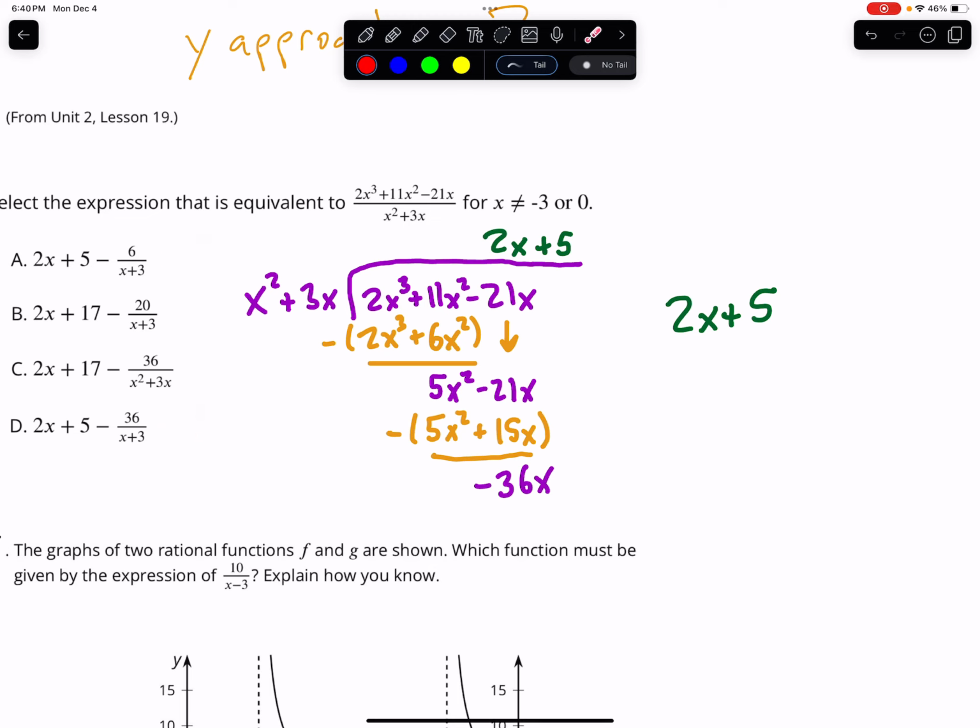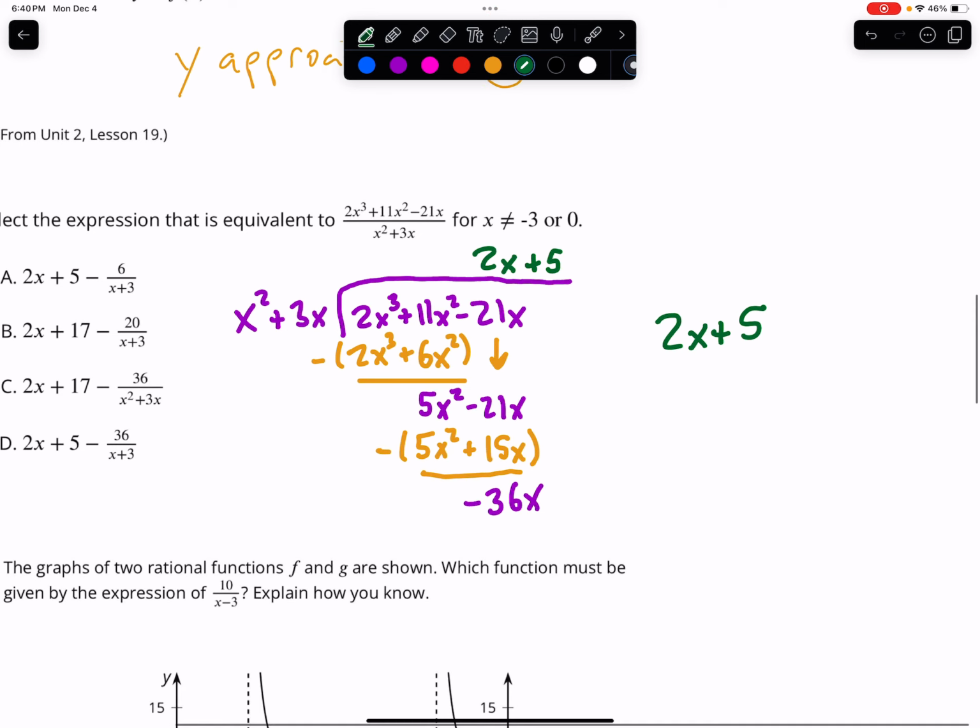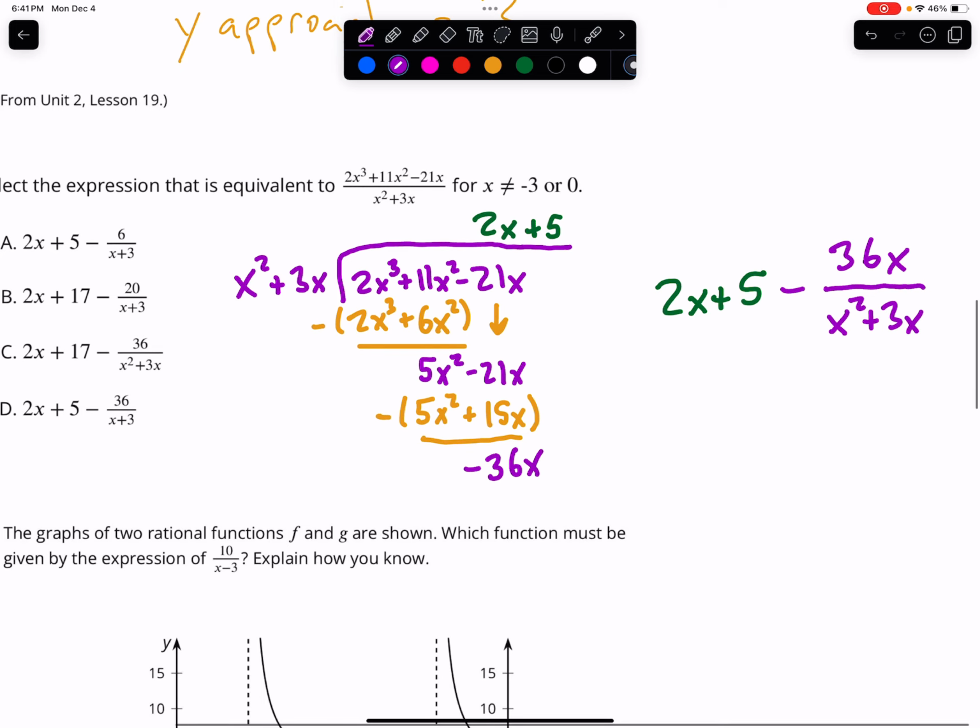Now, let's add the remainder. Okay, we got a negative 36x. So it's actually going to be minus 36x divided by, it's still stuck over top of that x squared plus 3x. Okay, why do we do silly stuff like this?